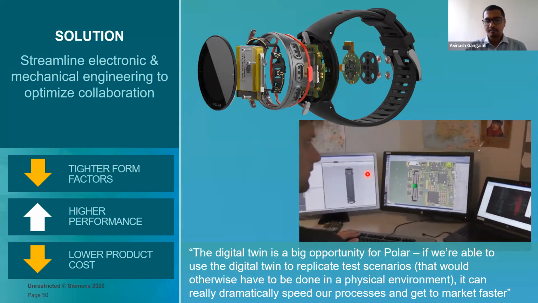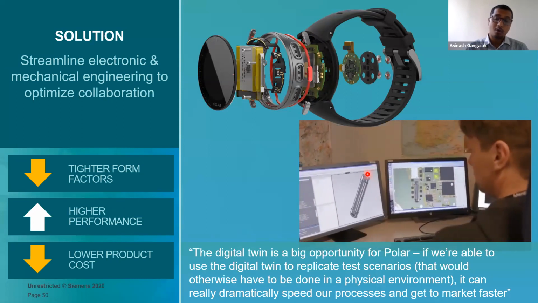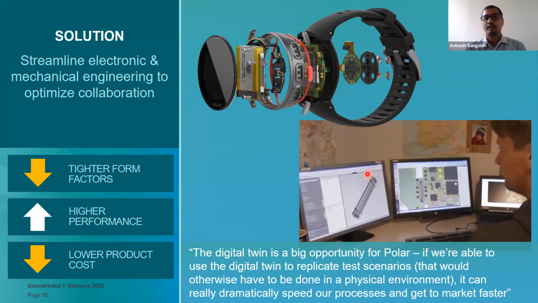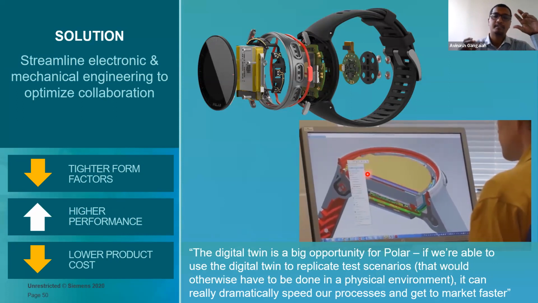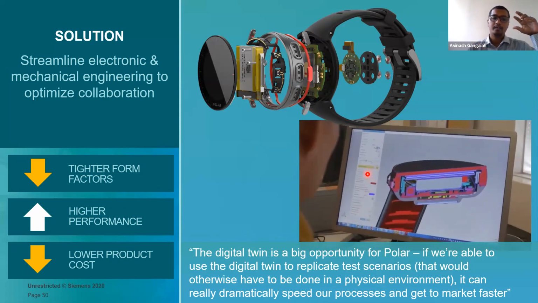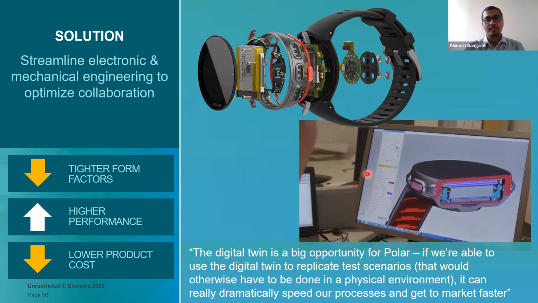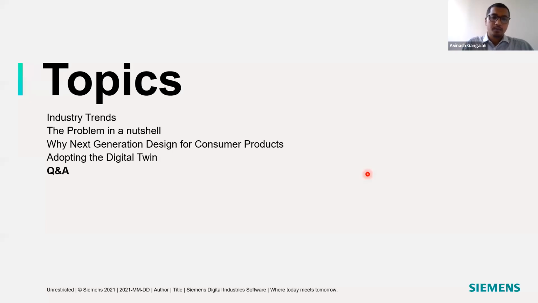You can see they were able to increase the performance but lower the cost itself, right? So while we are focusing on increasing the performance, as I said in the beginning, we are not compromising on the cost or the margin, right? So how do we take care of that? That's where a comprehensive digital twin will come into play and play a very vital role there. So with that, I'm open to question and answer.